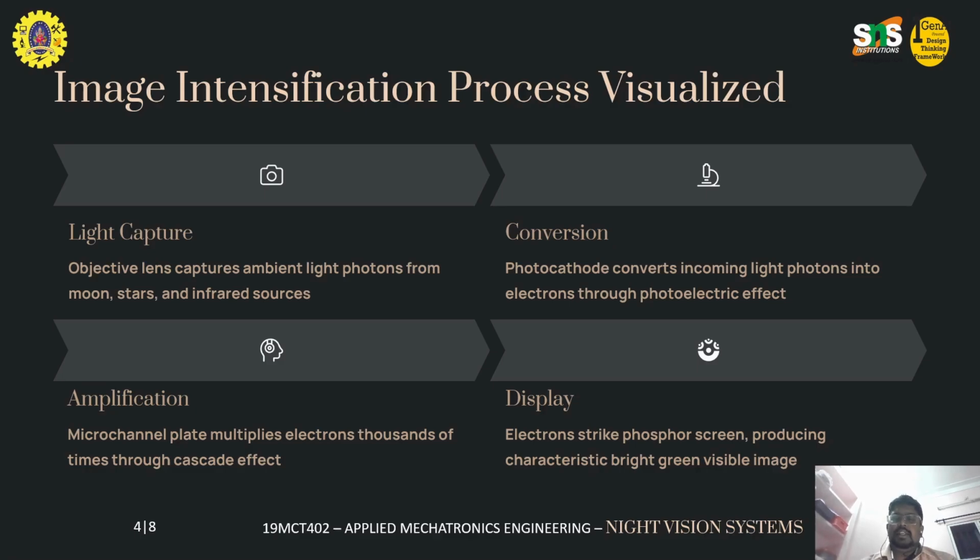The phosphor screen glows in its characteristic green visible color. So electrons hitting the phosphor screen give us a visualization of the same image that was captured initially in the low light or almost no light scenario.